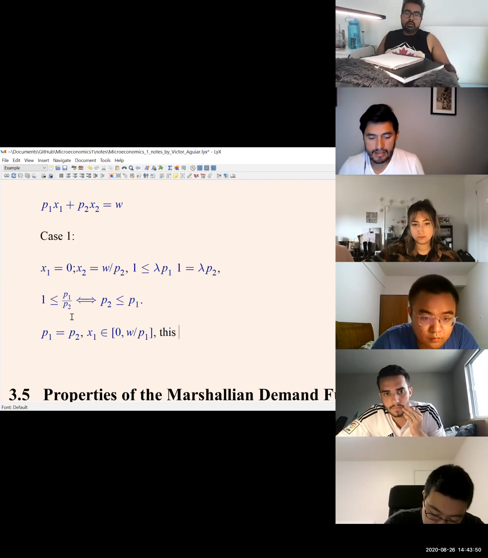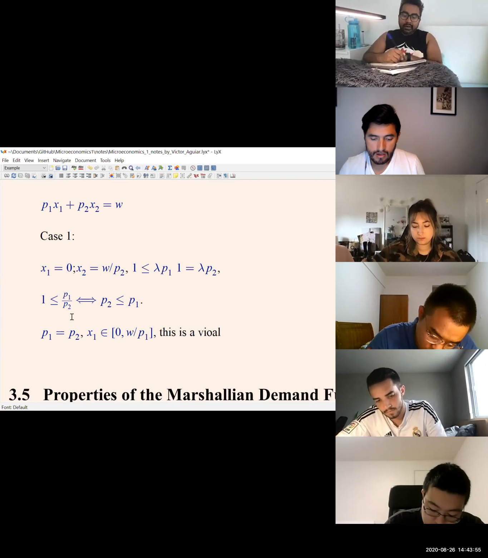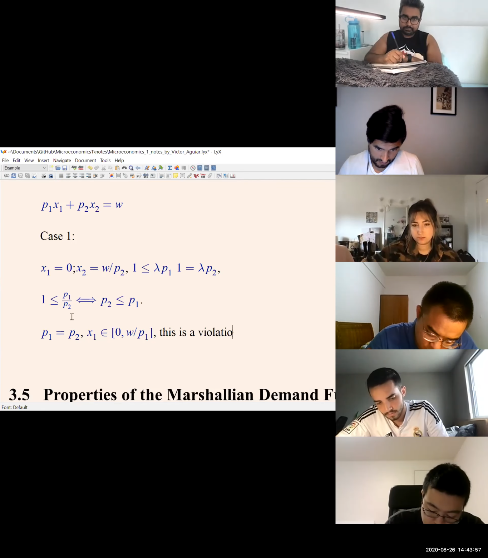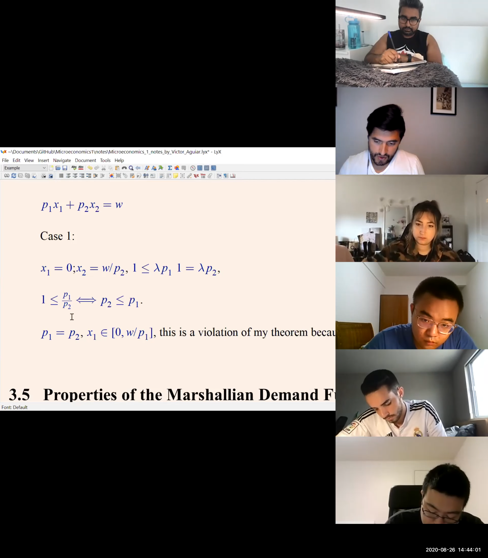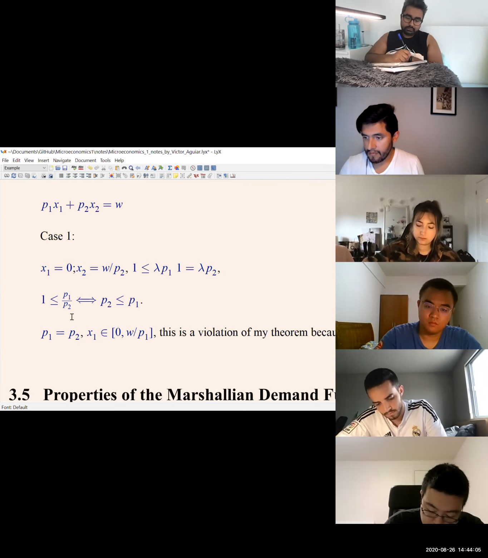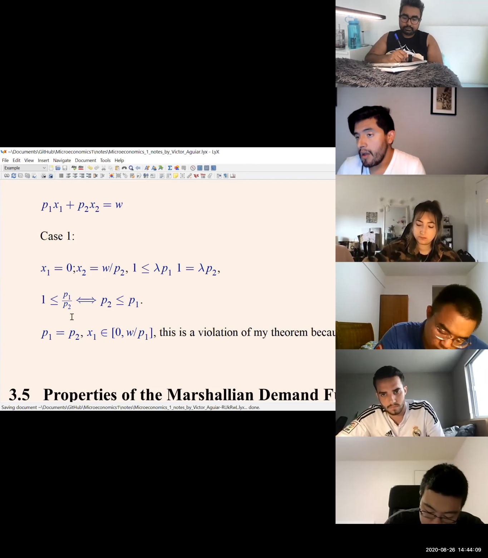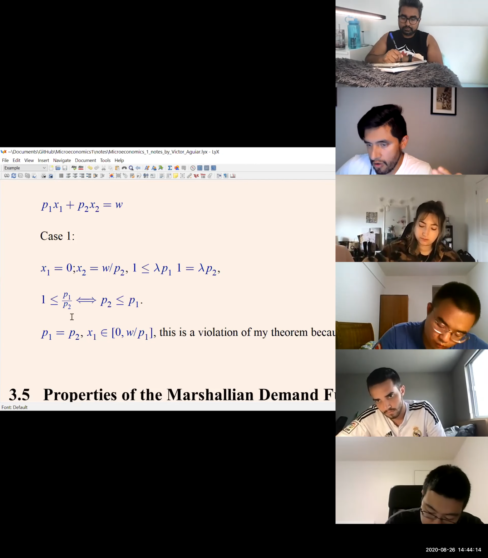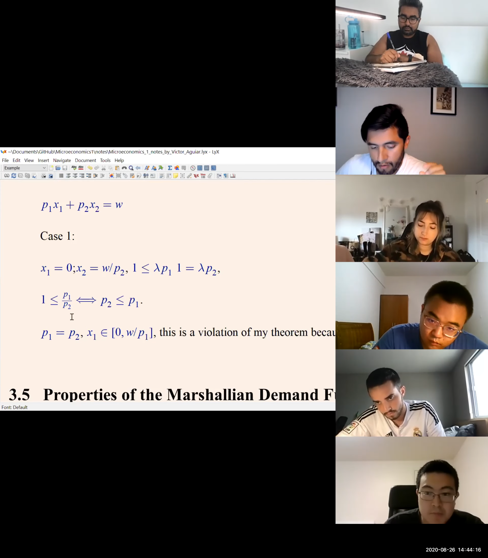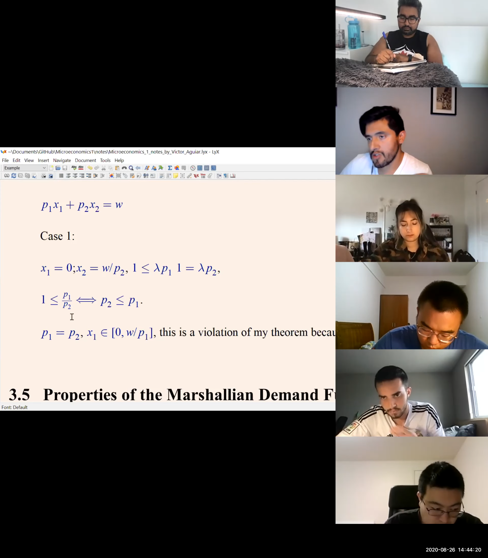And this is a violation of my theorem because of the lack of strict convexity, okay? And then you can solve the rest. So yeah, basically these tools are useful for any problem, and even beyond this simple case. But you get uniqueness when all these assumptions hold.